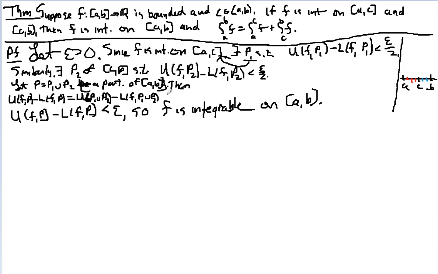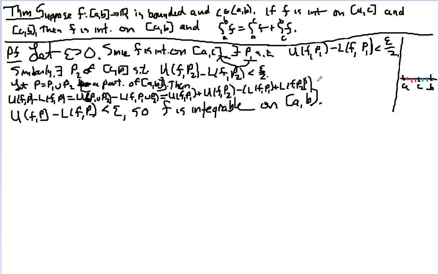Well, we discussed this. This was a clicker question, that if you have a union of two disjoint sets, then you just kind of distribute over this. You have U of f of P1 plus U of f of P2 minus L of f of P1 plus L of f of P2.